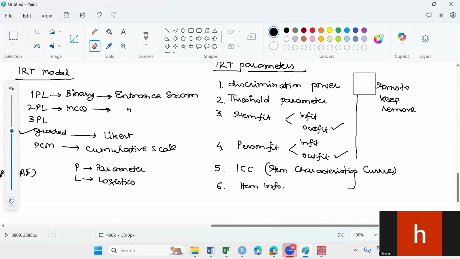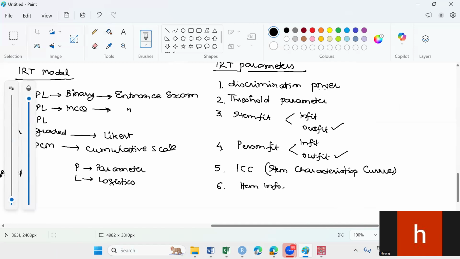Let me give their standard values also so that it will be easy for us to note these things. Discrimination power should be between 0.35 to 2. Less than 0.35 is very, very poor; we will remove that. More than 2, we will see.